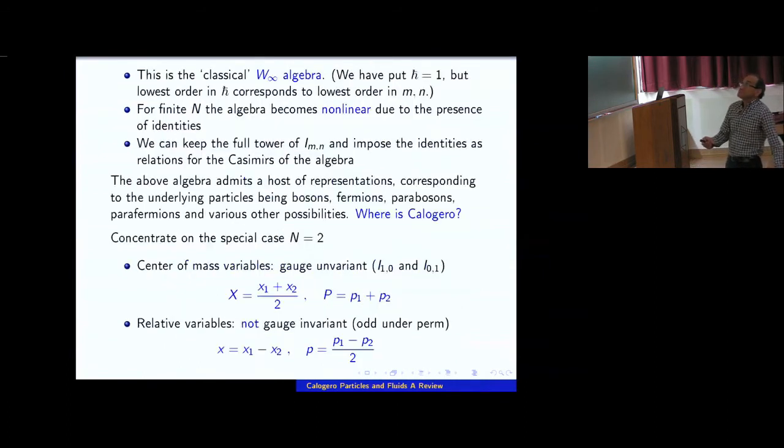So this is the classical W infinity algebra, classical meaning that we have put no explicit central extensions, etc. And for finite N, this algebra becomes nonlinear W_N algebra due to the identities, but we could actually keep the full tower of I_mn and impose these identities as relations for the Casimirs of the algebra.